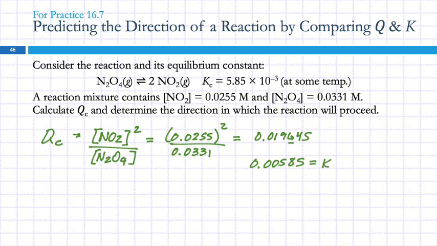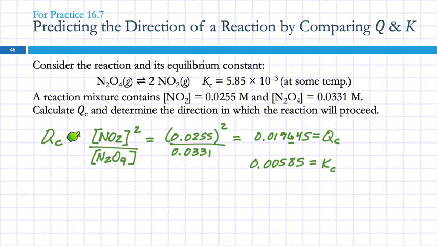So that's K, and this is Q. So Q is larger than K. The reaction is going to go in a direction that will cause Q to become closer to K, because that's the goal. It's going to move until Q and K are equal.